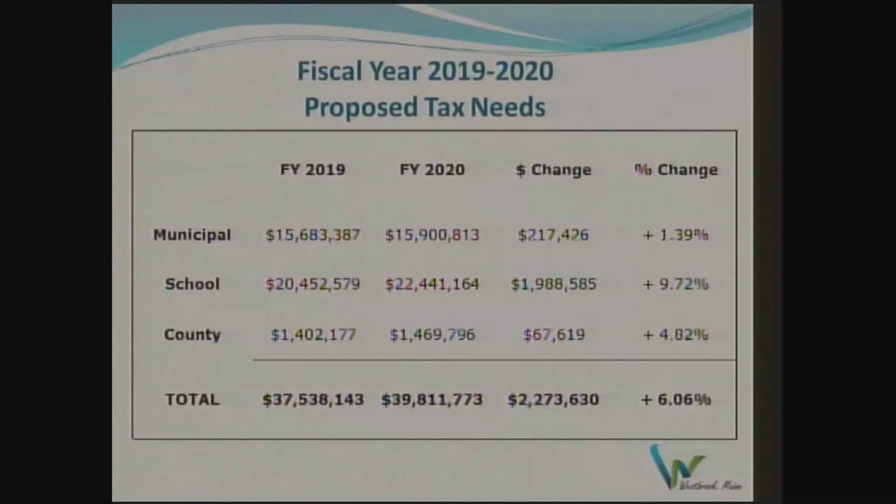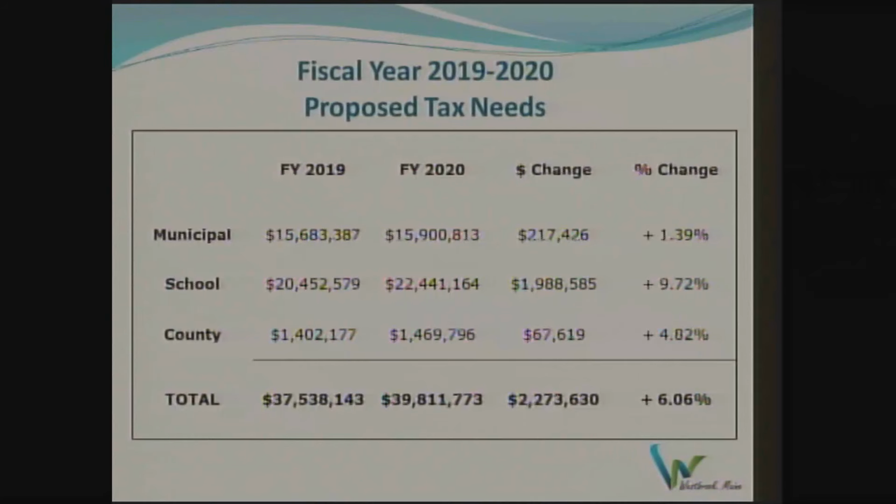When you take your proposed expenditures and net out the non-property tax revenues that are going to be applied to those expenditures, you come up with what is considered the net need from taxes, or the amount of dollars that we must raise through property tax allocation throughout the city.